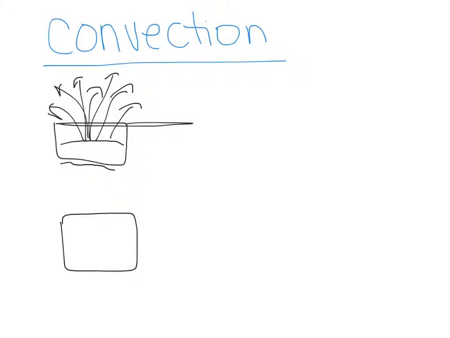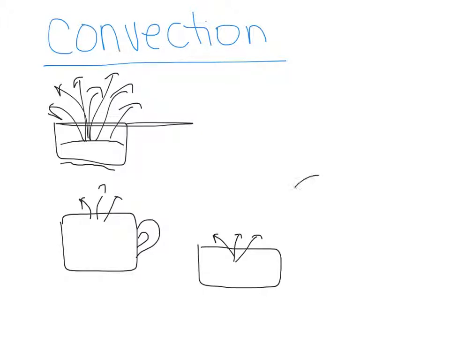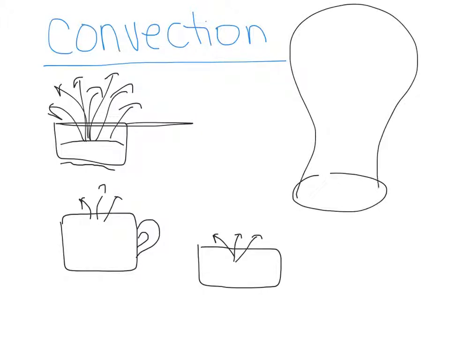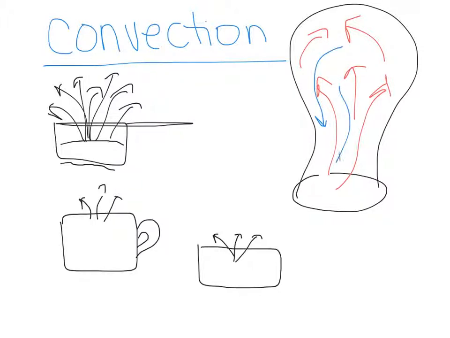Another example of convection was our hot chocolate sitting on the counter to cool off, or our bowl of soup sitting on the counter to cool off. Okay, all of those things, that warm air rising. And then also that example of our hot air balloon and how, again, that warm air rising once we pull that string to fill that balloon and help that balloon rise, being replaced, and that cold air again coming down. Okay? So those were all great examples of convection.